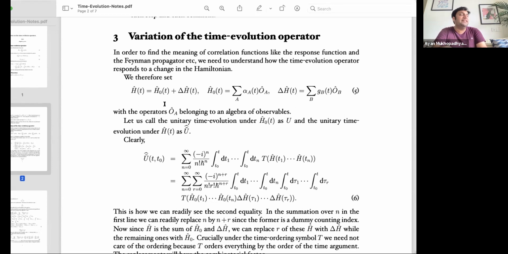Quantum field theory textbooks say you go from the Heisenberg picture to the interaction picture, but what this actually implies is the Heisenberg picture using two different Hamiltonians. With one Hamiltonian it becomes easy to compute things; with the other it becomes harder, but you want to relate the two computations.